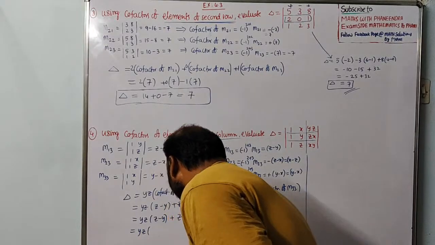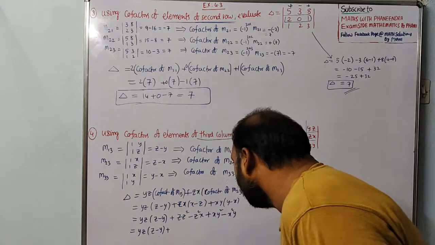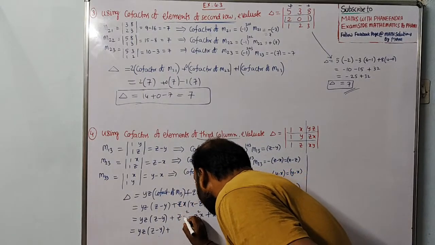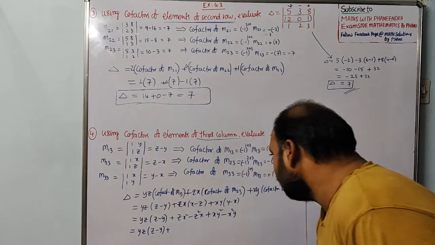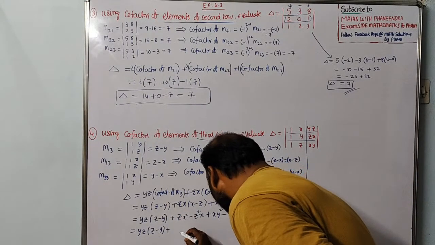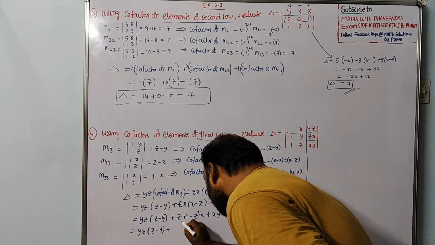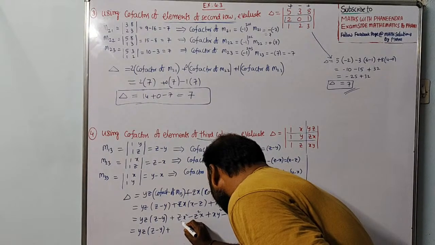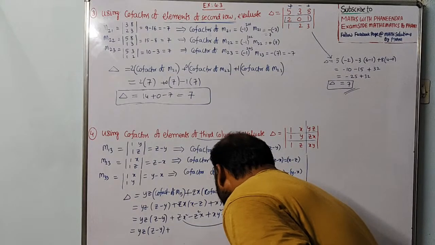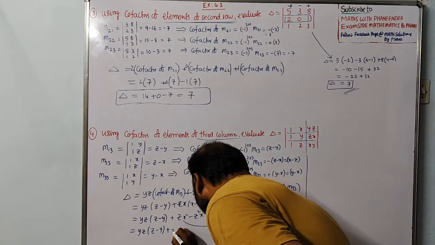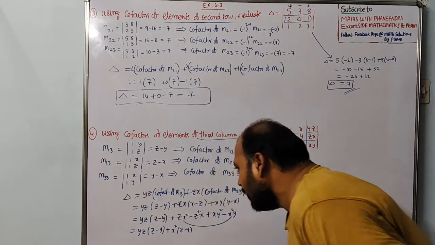Yz into z minus y plus here zx square is. So from x square, take out common, z minus y, here also z minus y, we got it now.